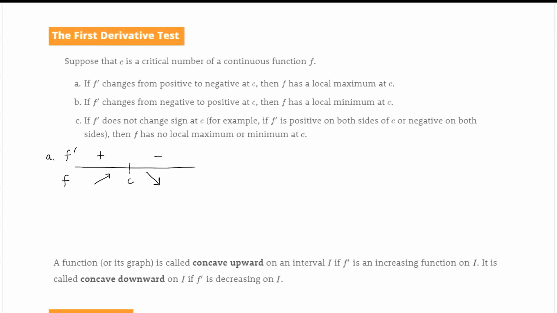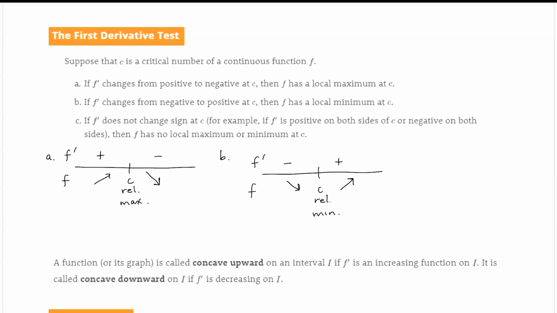So again, remember from chapter 2, if the derivative is positive, then the function is increasing. Where the derivative is negative, the function is decreasing. So you can see if f goes from increasing to decreasing, then you have a local or relative max at x equals c. In part B, say you have your critical number at x equals c.